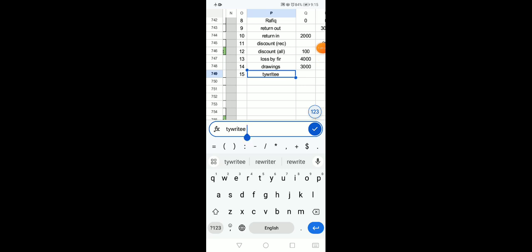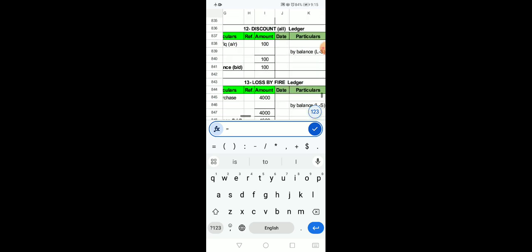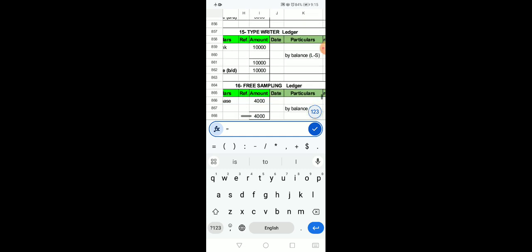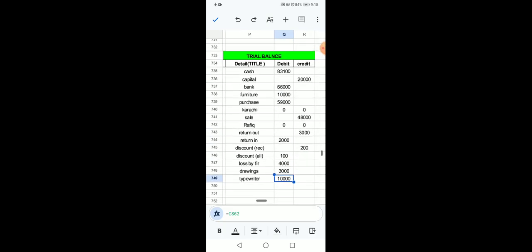Alright, typewriter is written, and now see in the ledger where the balance for typewriter is written. This is your ledger 15. The balance is written on which side? Debit, and the balance is 10,000. So you are going to put 10,000 on the debit side in front of typewriter. The 15th ledger is completed.